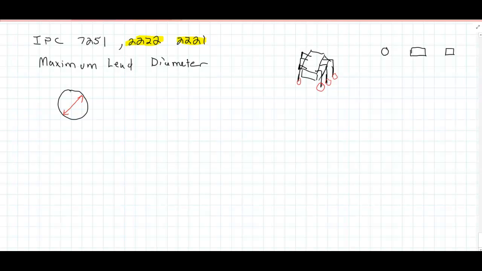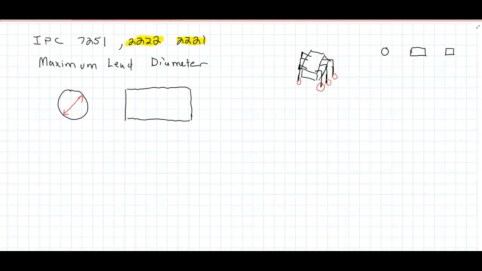Now, if it's a rectangle, you might say, if you remember geometry, well, a rectangle doesn't have a diameter. And you're right. The only time we talk about diameters in geometry is with circles, or circle kinds of things.